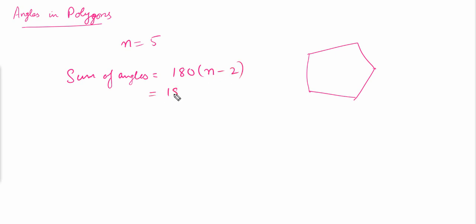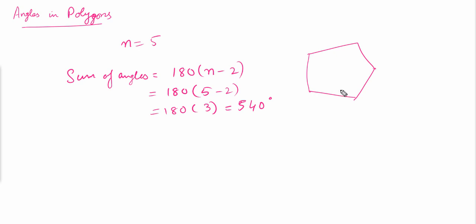So it will be 180 times (5 minus 2), which equals 180 times 3. So 540 is the answer. 540 degrees is the sum of angles in this pentagon.